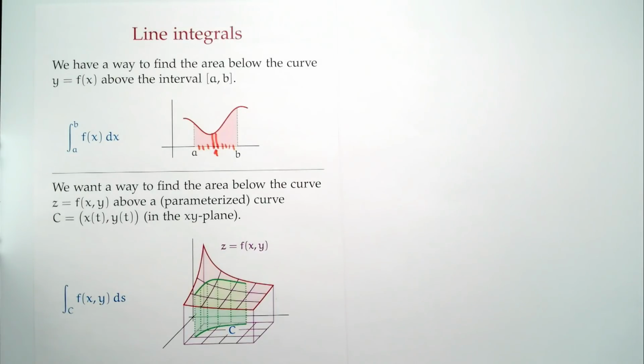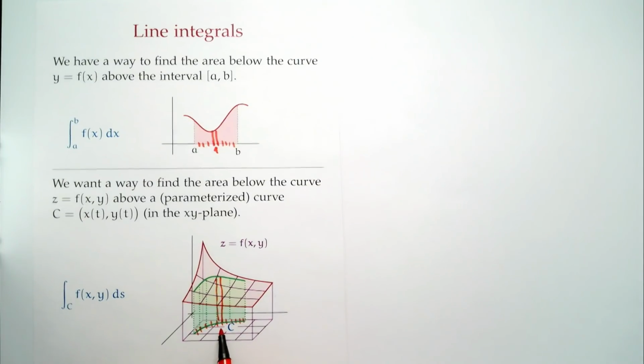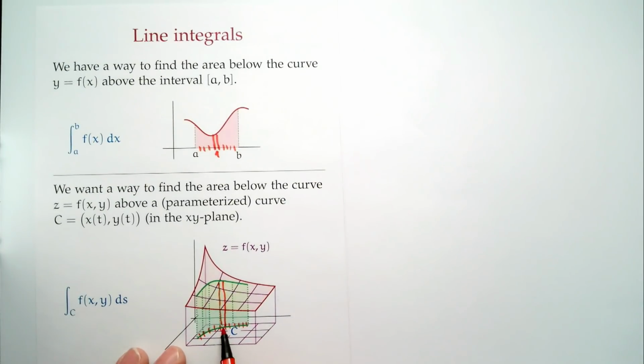Well, it might not surprise you to learn we're going to do things the same way. We have our curve, and we're going to break it into little tiny pieces. For each little piece, I say, okay, what happens when I go up to the curve? What's that contribution? Then I have the small change down here.